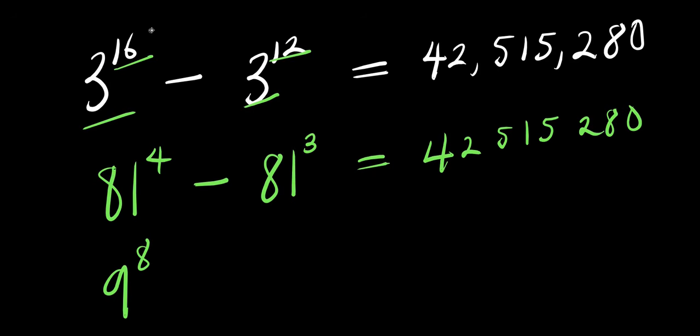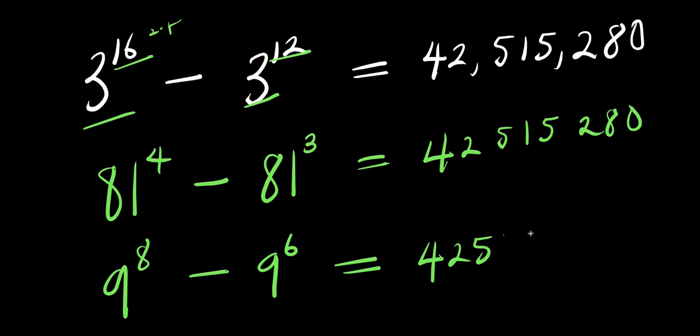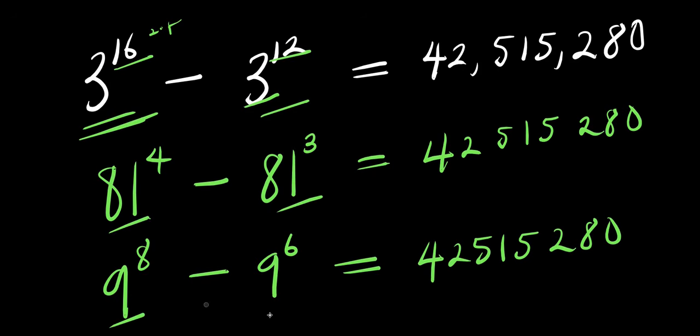If you express this as 2 times 8 and this as 2 times 6, this will give you the same answer, 42,515,280. You can as well transform this to this and to this. The first step I did was expressing this as 4 times 4 and this as 4 times 3. That will give me this one. I also express this as 8 times 2. Remember, 3 power 2 is 9, so that will give me this one here.